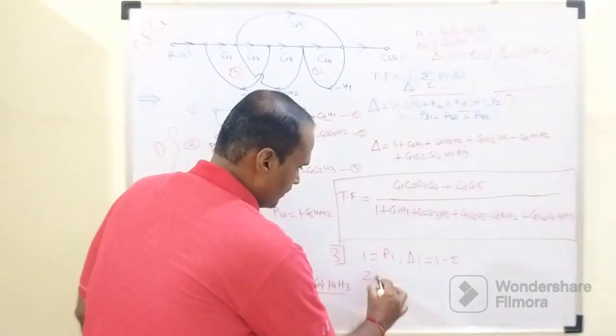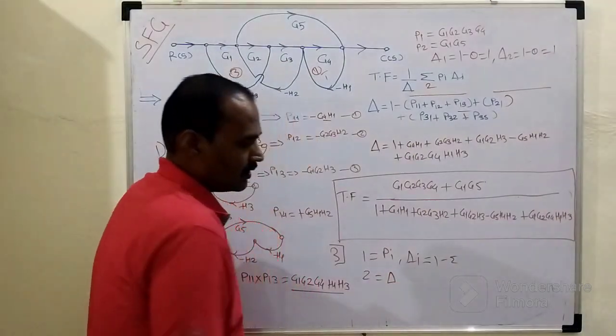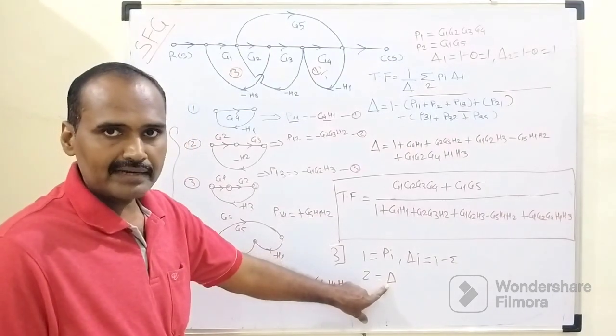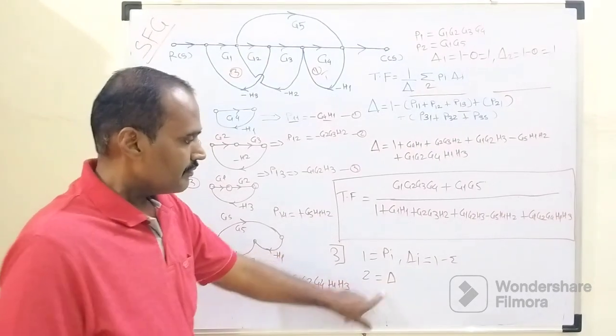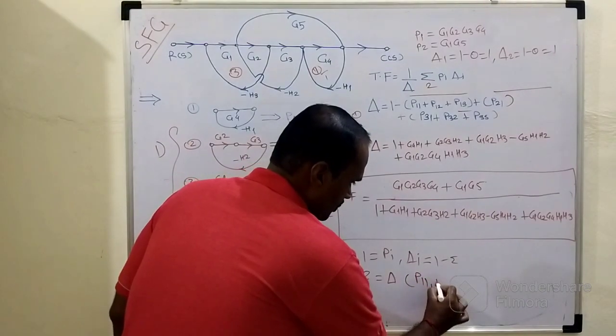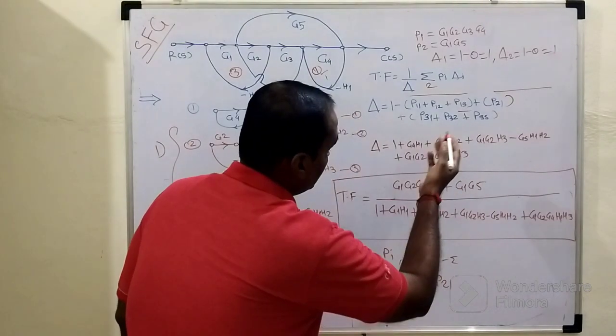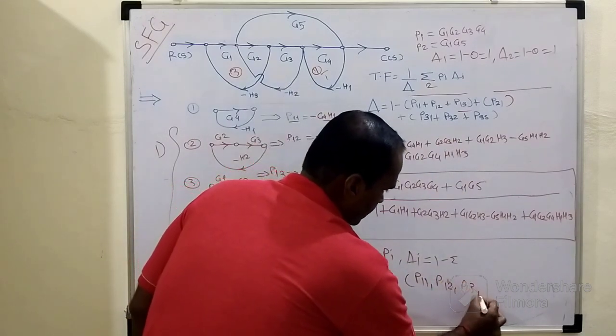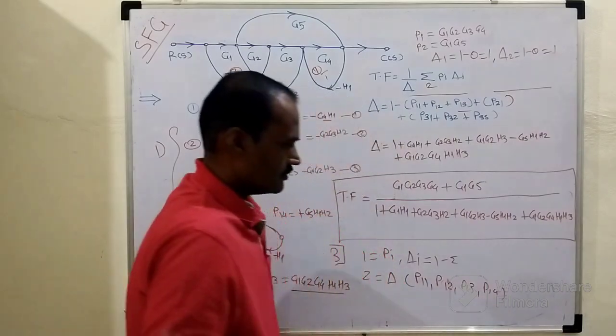In the second step, we need to determine this term called delta. To decide the desired value of this system determinant, we need to determine all individual loop gains: the first individual loop gain, the second individual loop gain which is written on the board, the third and the fourth individual loop gain, right?